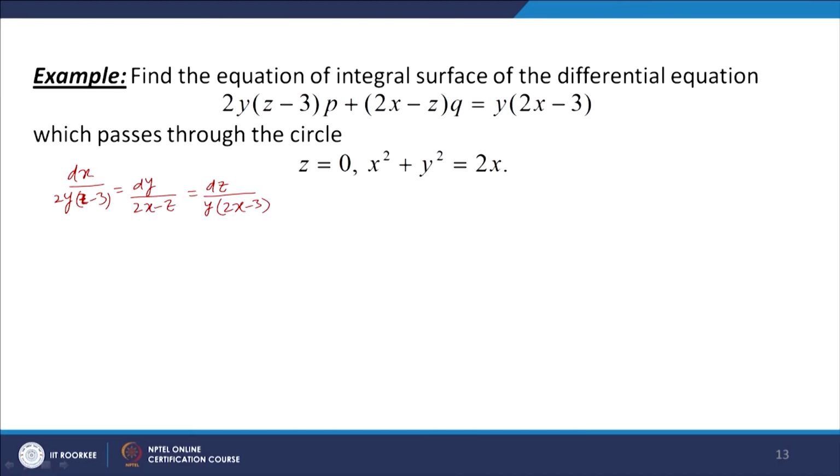Cauchy-linear first order PDE. You can see we take dx over 2y(z minus 3) and dz over y times (2x minus 3), then y will cancel and we will be able to integrate easily.